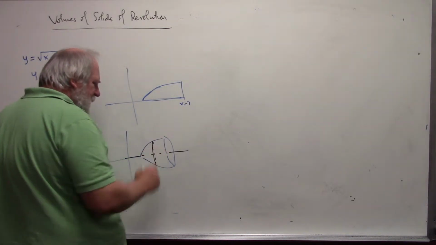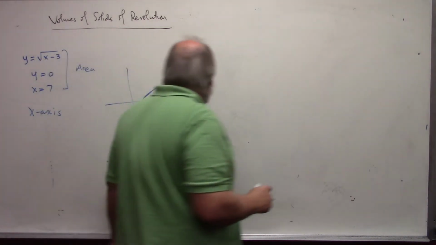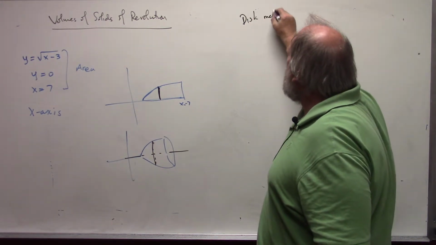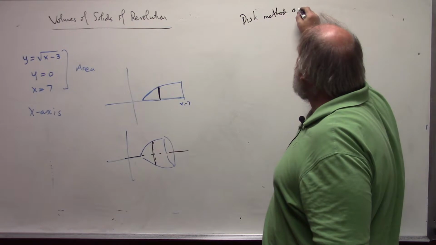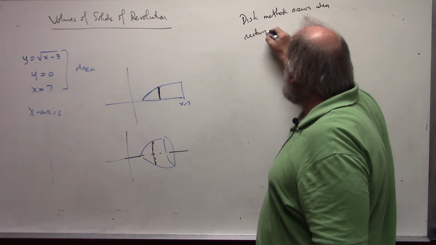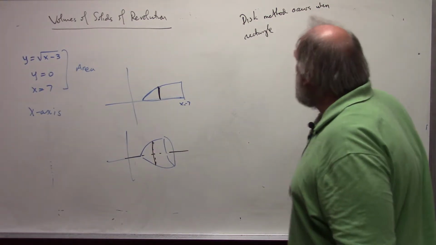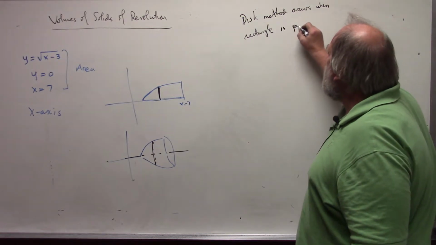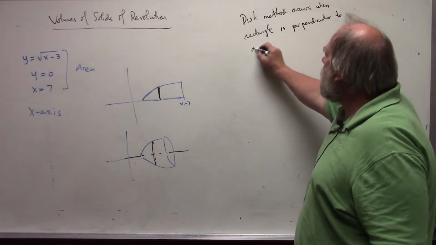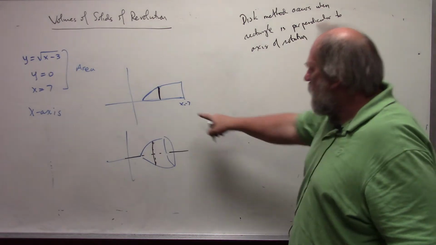let me start here. The disk method occurs when my rectangle that gets rotated, that forms the disk or circle over here, is perpendicular to the axis of rotation, which is what occurs here.